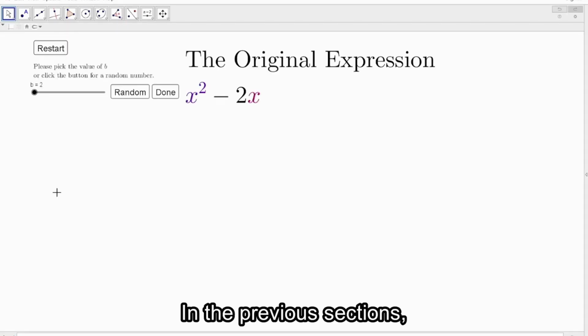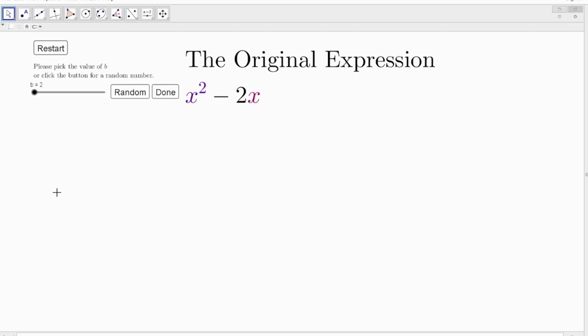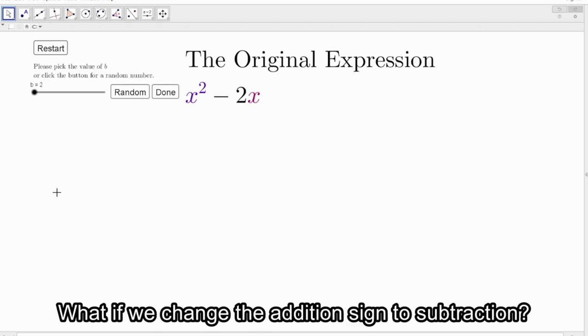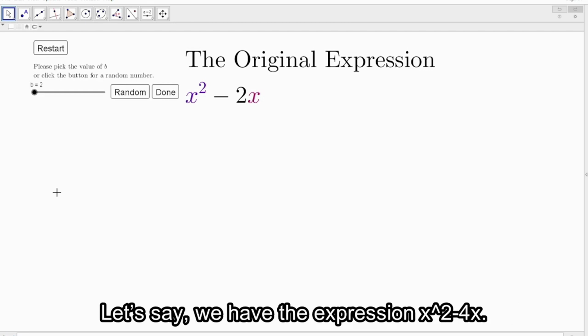In the previous sessions, we discussed the original expression of ax squared plus bx. What if we change the addition sign to subtraction? Let's say we have the expression x squared minus 4x.